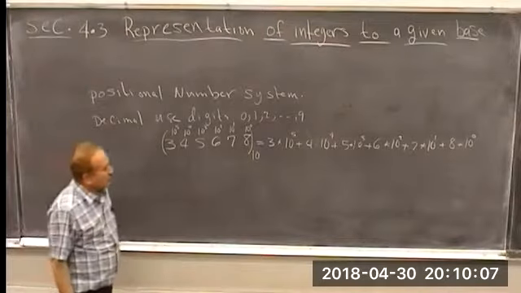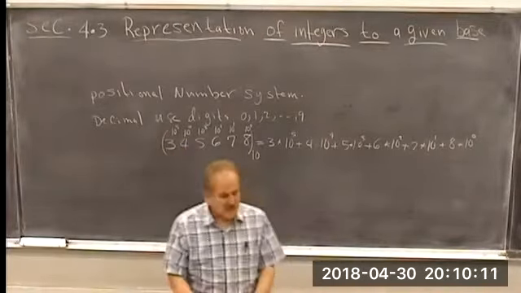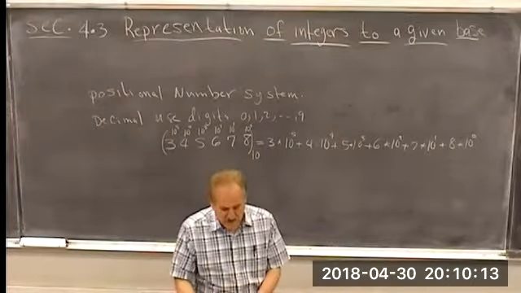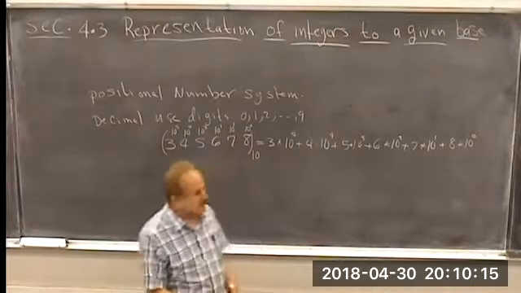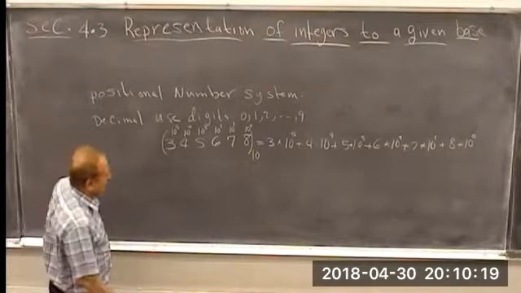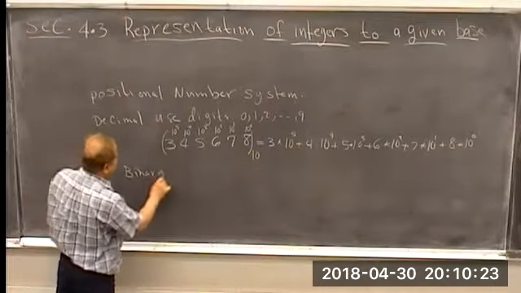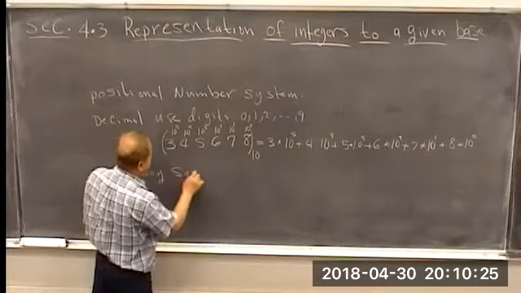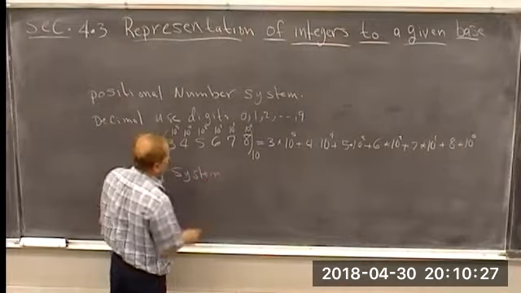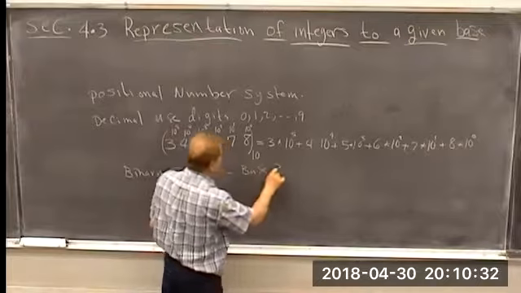All right. Of course, there are other types of positional number systems. They are used especially in computer science. For example, we use what is called the binary system, another name for which is the base 2 system.